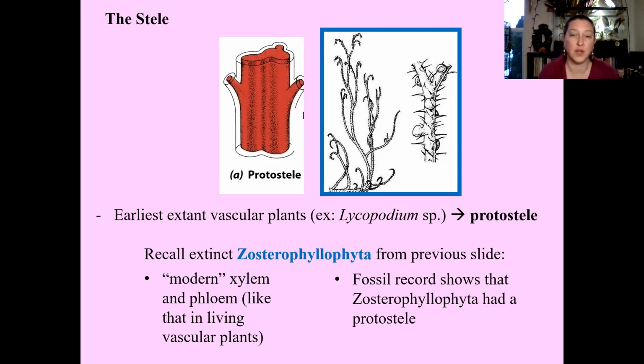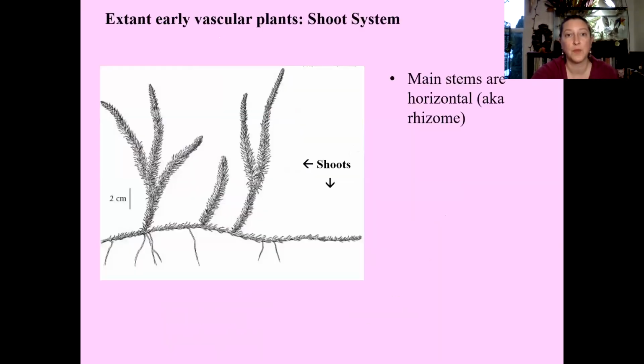If you look at the fossils of Sawdonia or Zosterophyllophyta, it also has a protostele. That's what I mean by modern when I said that before.